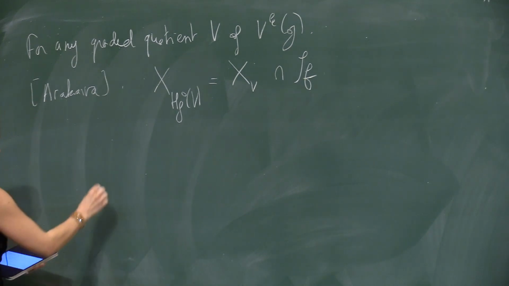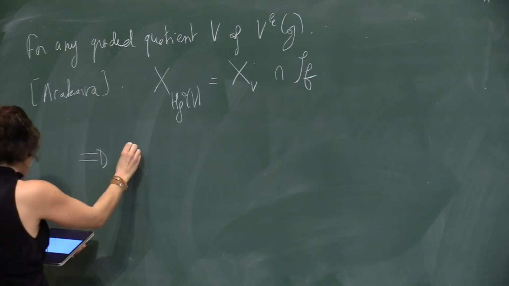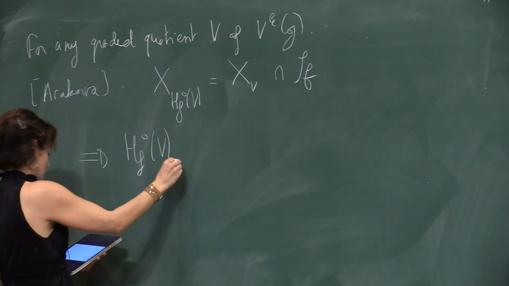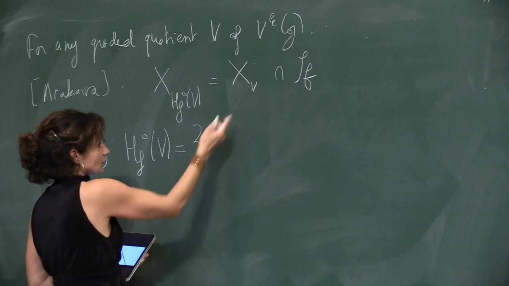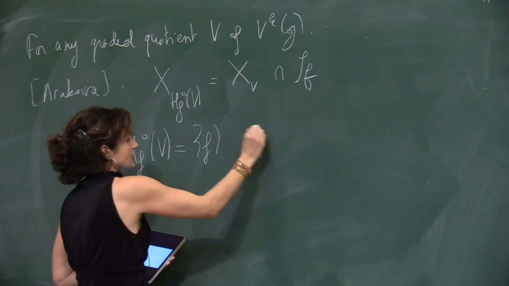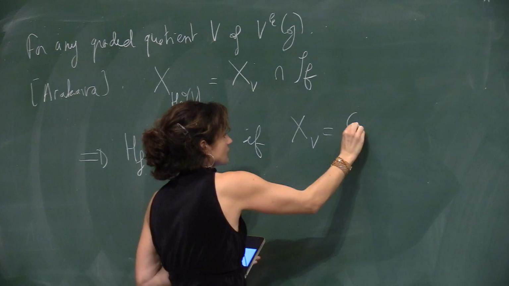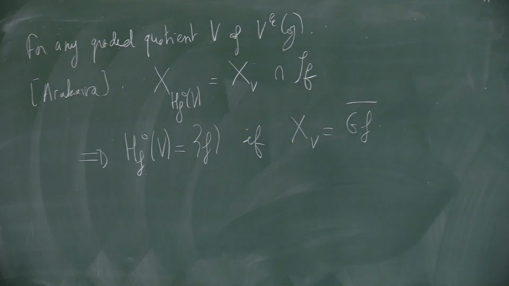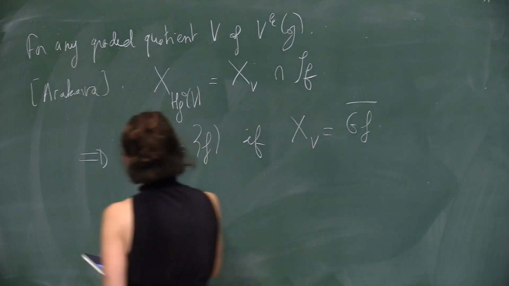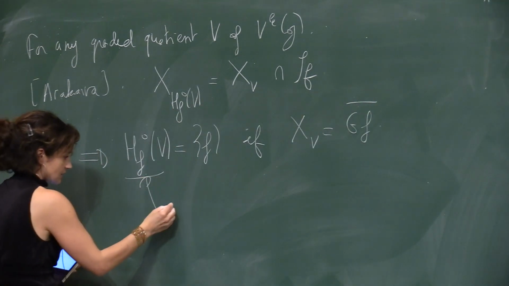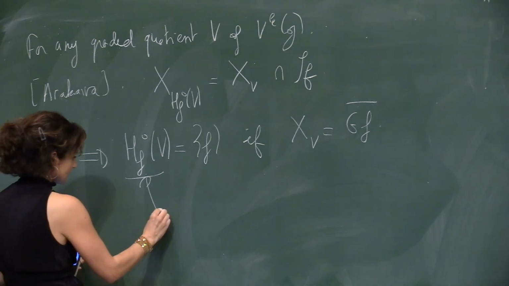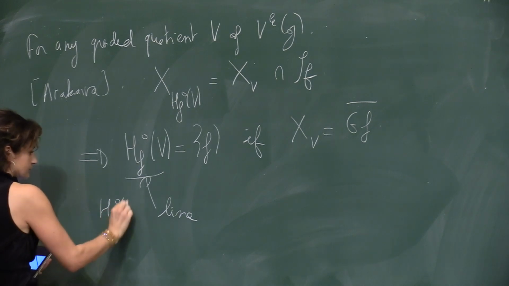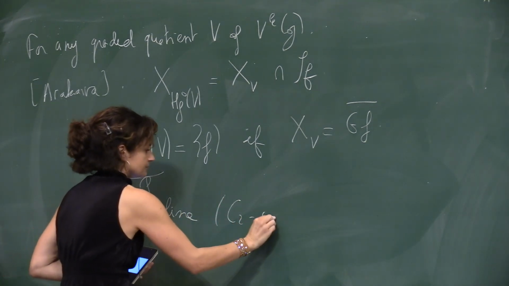And so in particular, this one is just a point, F, if this one is the closure of the nilpotent orbit associated with F. And such a vertex algebra is called, we already encountered this property, lisse, or C2-cofinite.